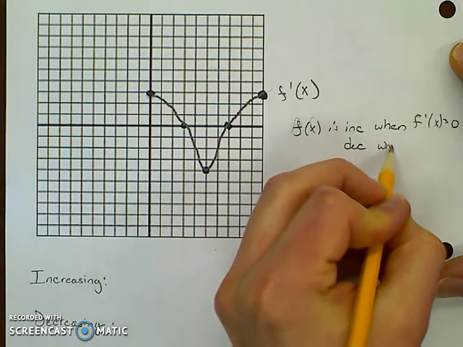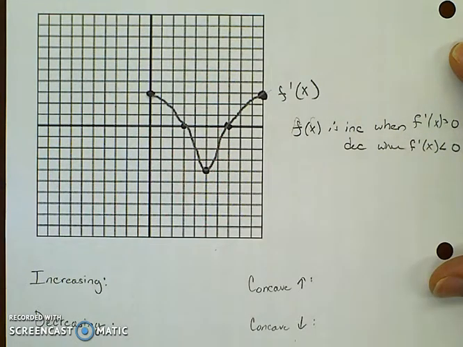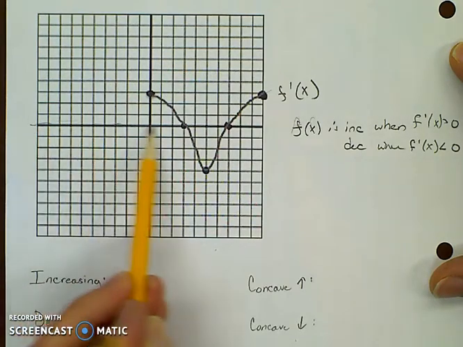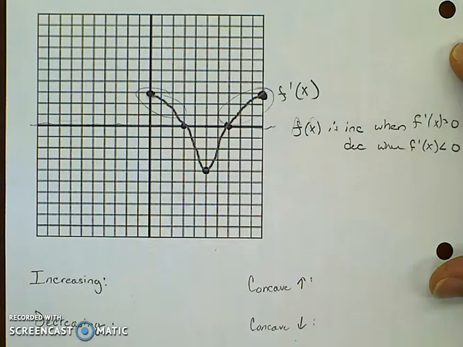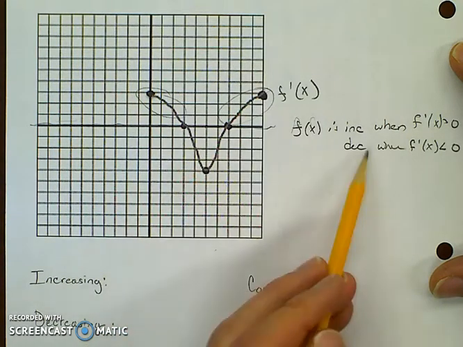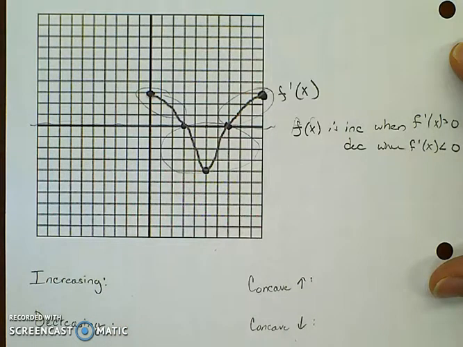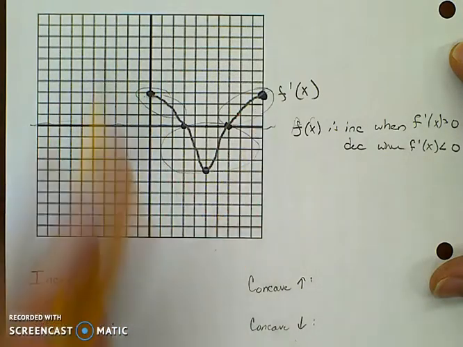Decreasing when f prime of x is less than 0. Well, this is the derivative. We are above the x-axis here and here. We are below the x-axis, so it's negative, less than 0, down here. So we are increasing from here to here and here to here.